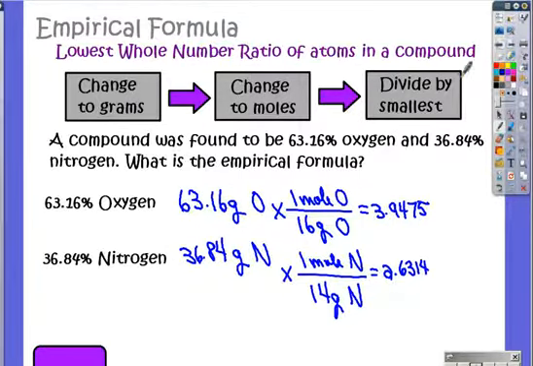Last step here, we're going to divide these two by the smallest to find their whole number ratio. The smallest value is the 2.6314 value here. So I'm going to divide both numbers by 2.6314.